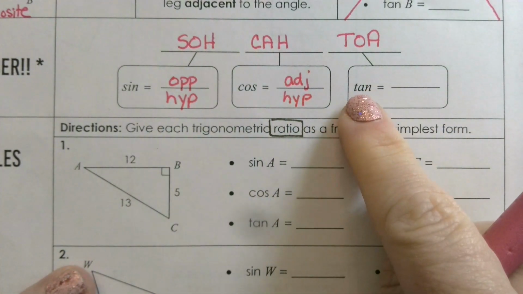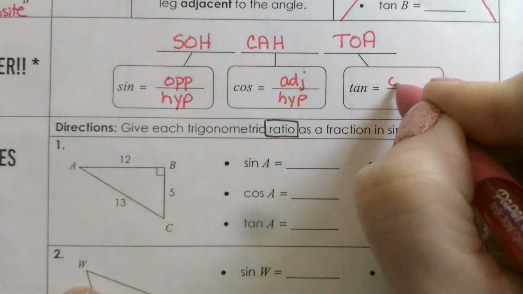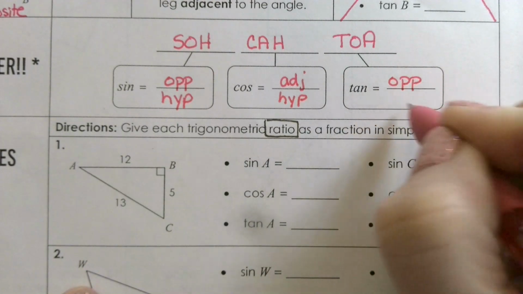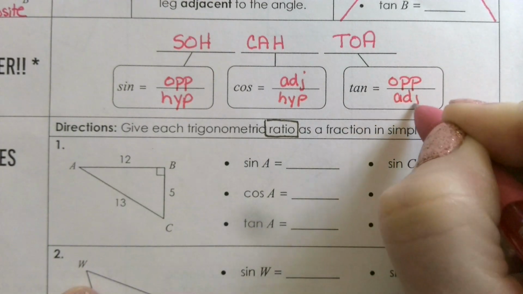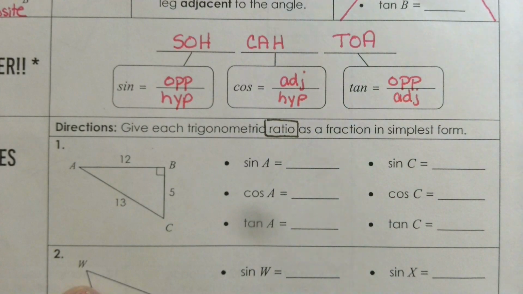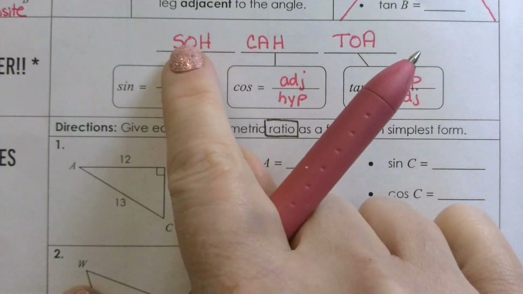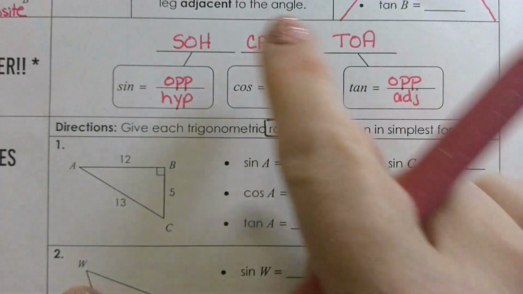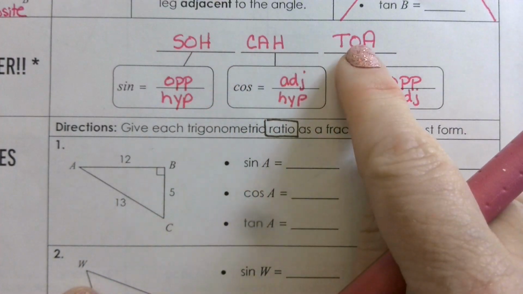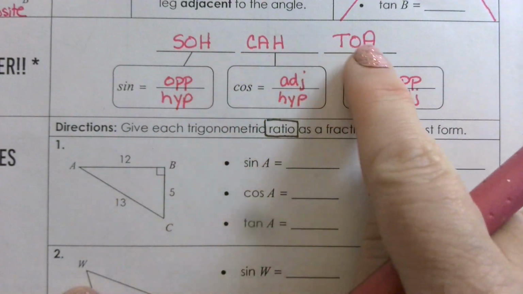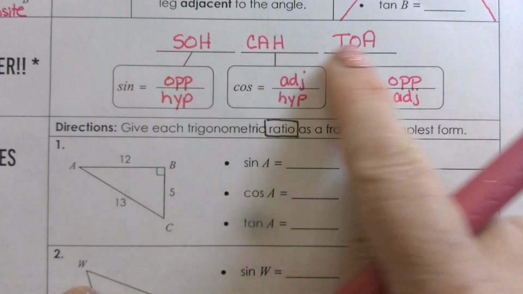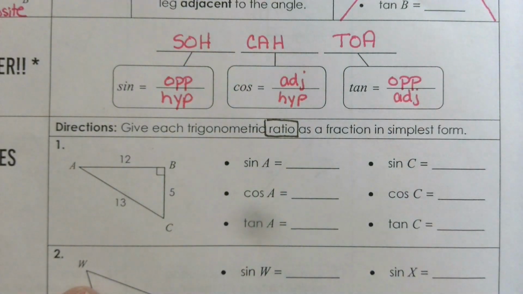And then the tangent rule says put the opposite over the adjacent. Okay, and that's what SOHCAHTOA means. So if you memorize how to spell this, you have your rules right here every single time. SOHCAHTOA, and I write this on my paper every time I do trig.